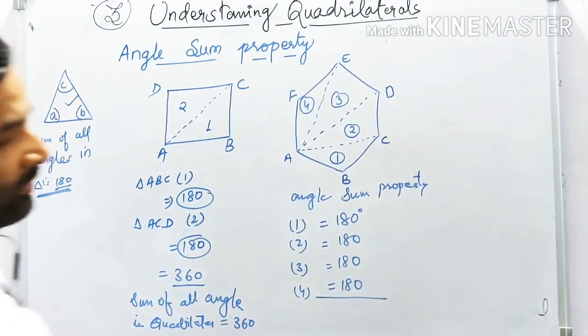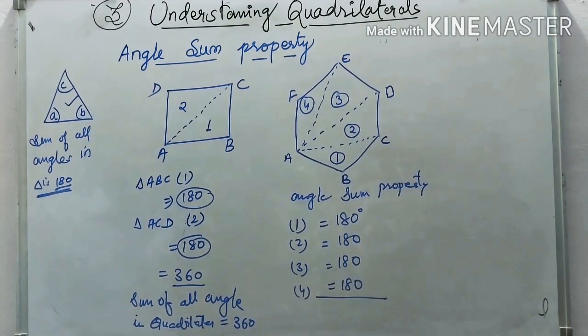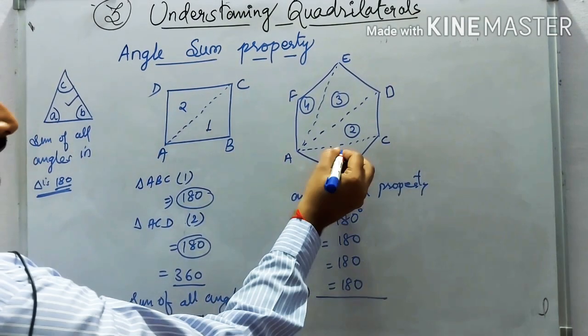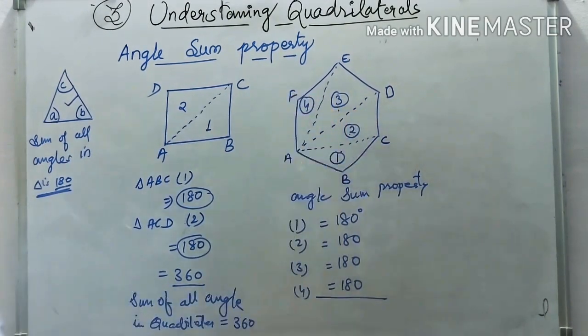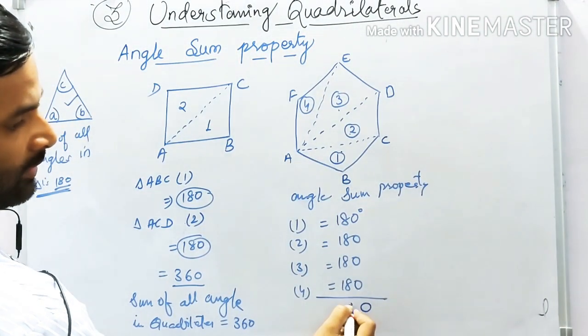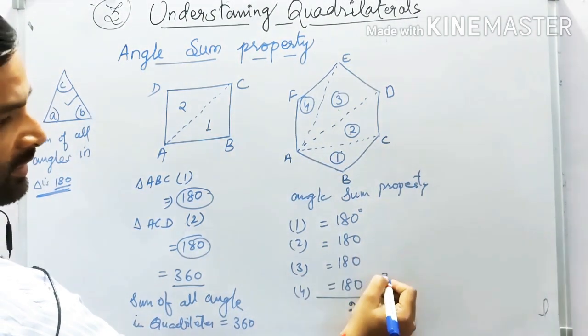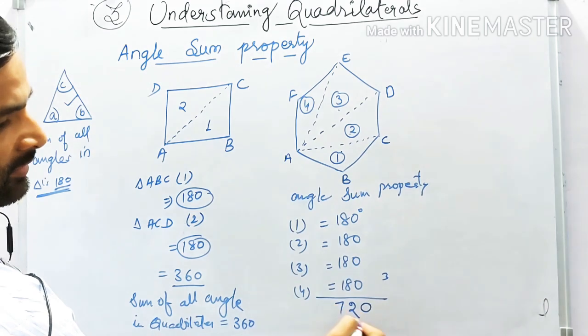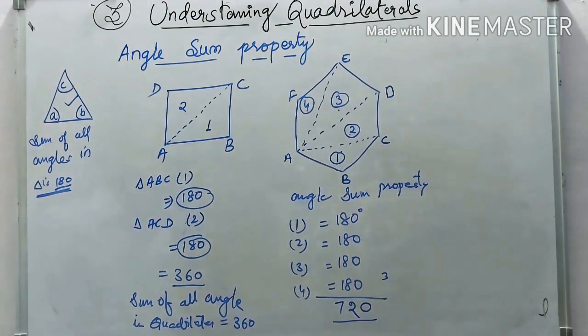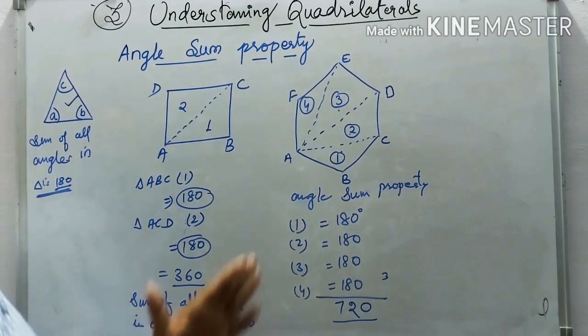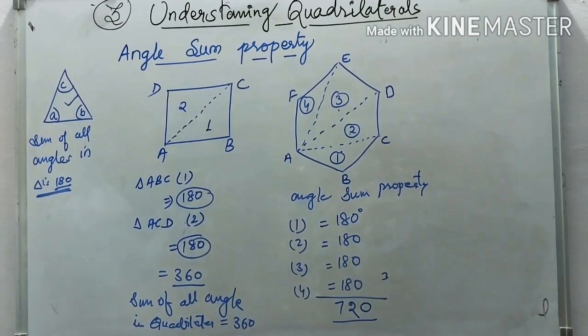And the sum of all angles is how much? 180, 180, 180 and 180, 4 times 180 is 720. It means the sum of all angles in a hexagon is 720.